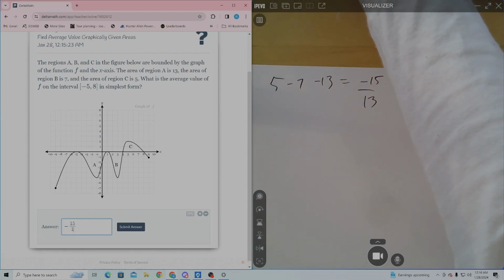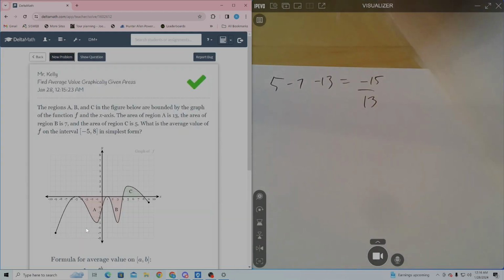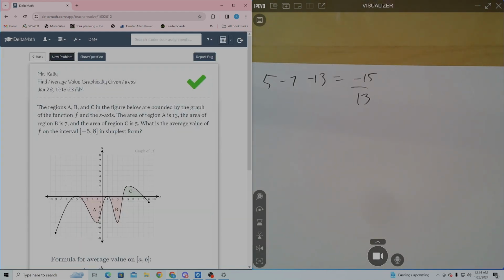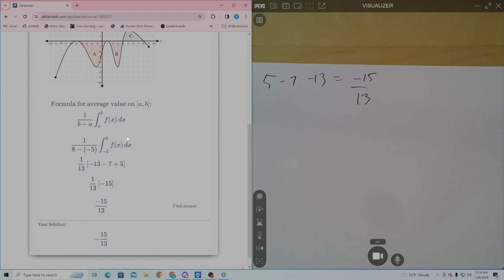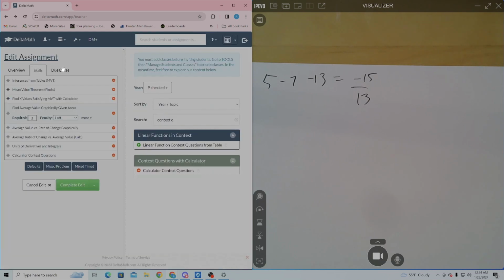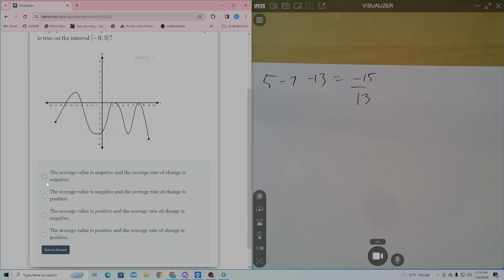-15 over 13. Easy. Again, that's what it's saying here. This is a much better way of explaining it than me, but you're basically taking that area, which is the integral, and dividing it by the width. That's all it is. I think you guys did fine with these.